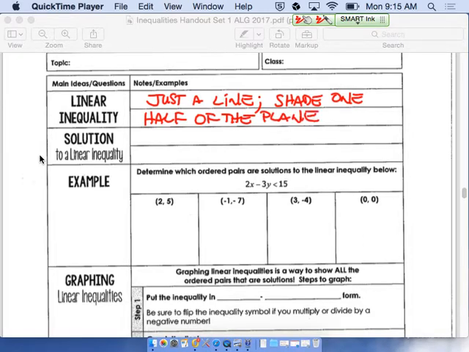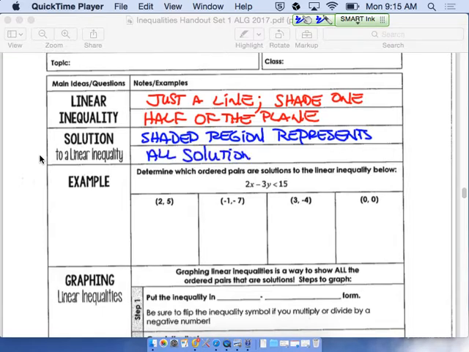The shaded region would represent all the solutions to the linear inequality. Okay, so the old skill would be to just simply graph the line as always.